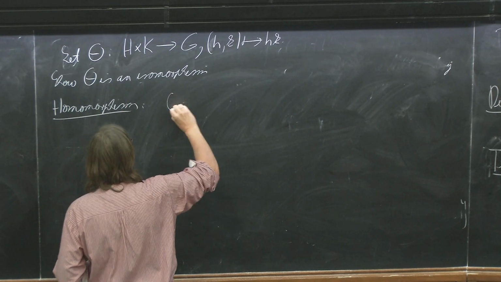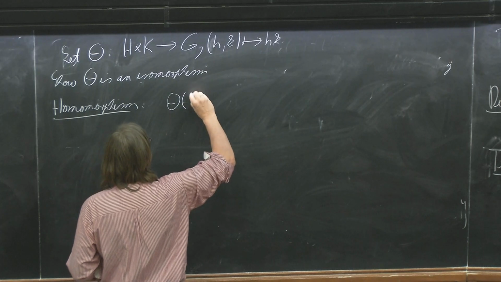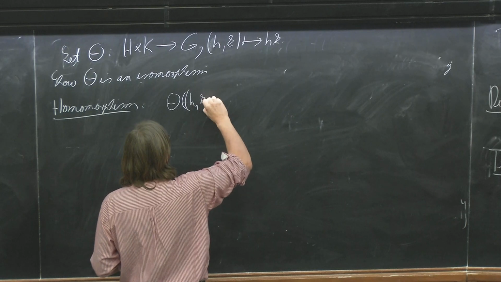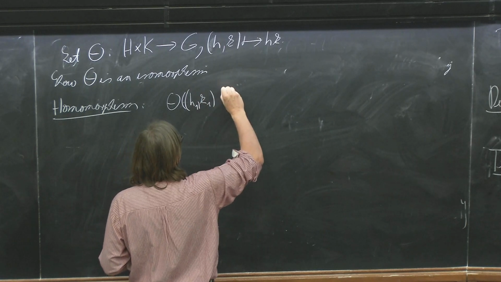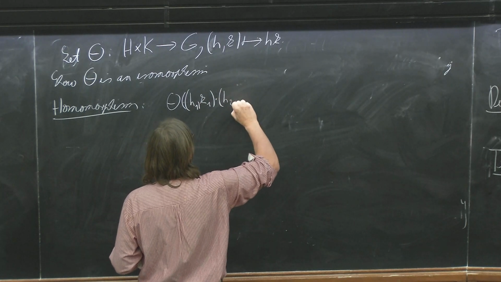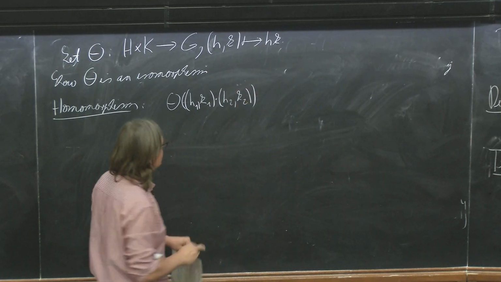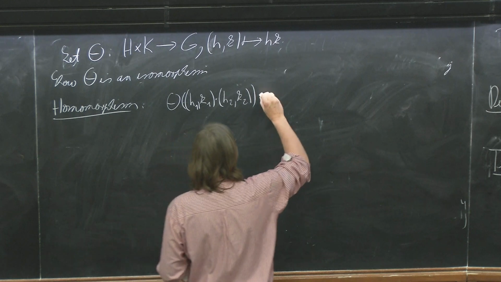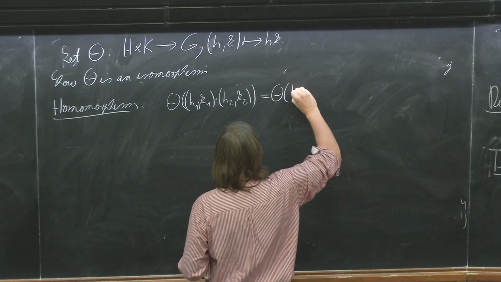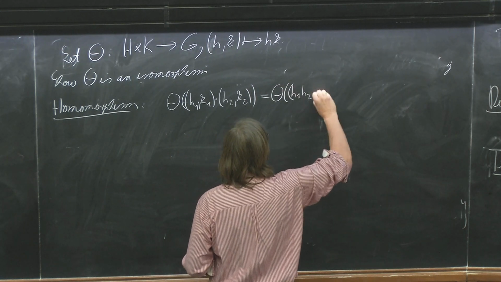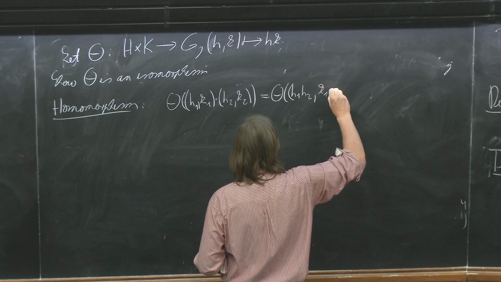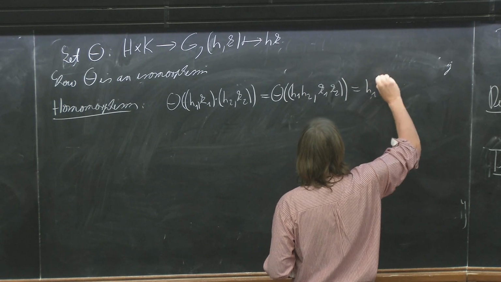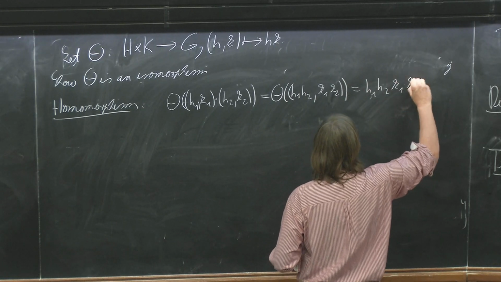So if I take theta of, say, (h1, k1) times (h2, k2), here we apply theta to a product. This is, by definition, theta of (h1 h2, k1 k2). This is h1 h2 k1 k2.